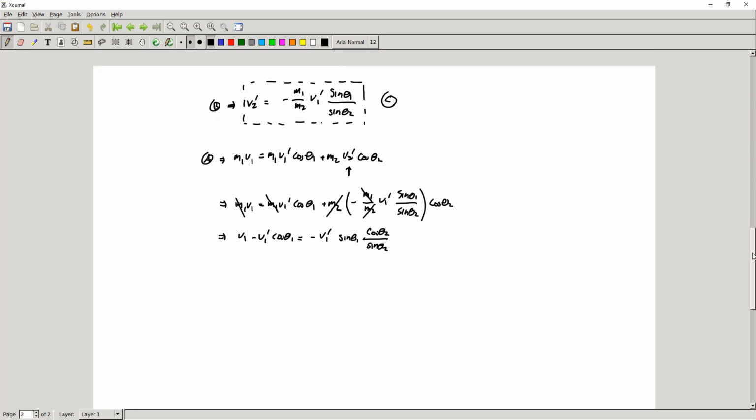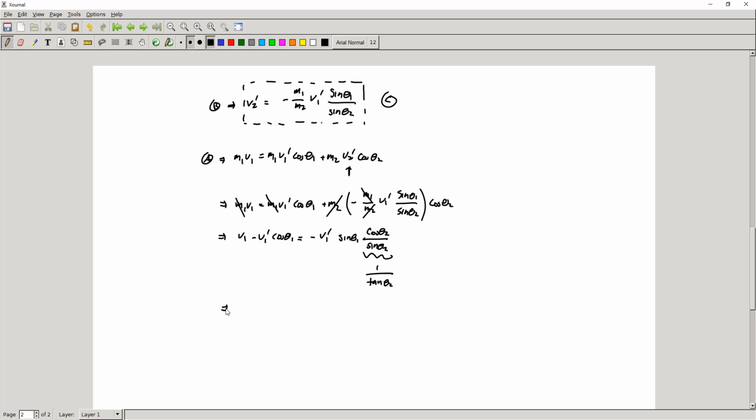And because we know that cos over sine is 1 over tan theta 2, right? And maybe this is worth one more rewrite here. So let's do that. I guess I can multiply through by a minus 1 too to clean stuff up a little bit.